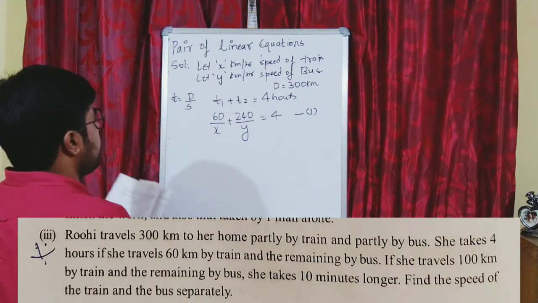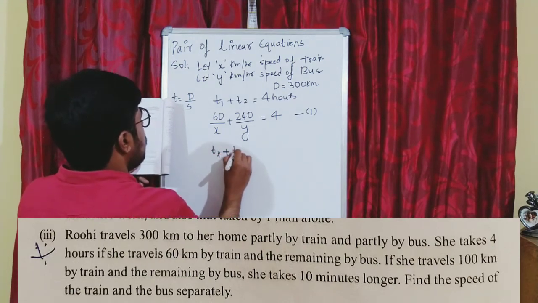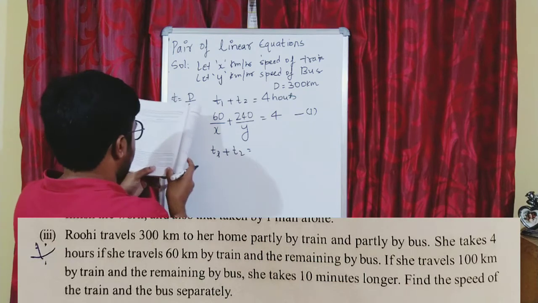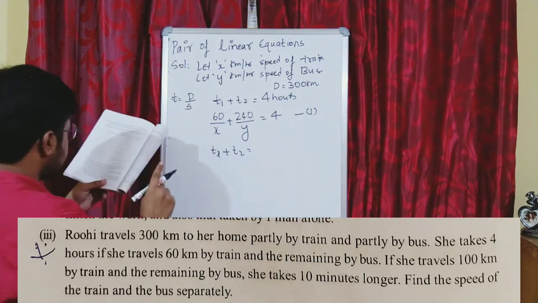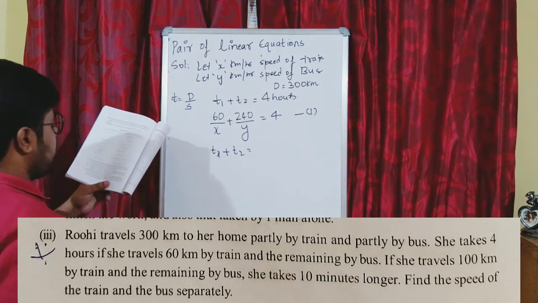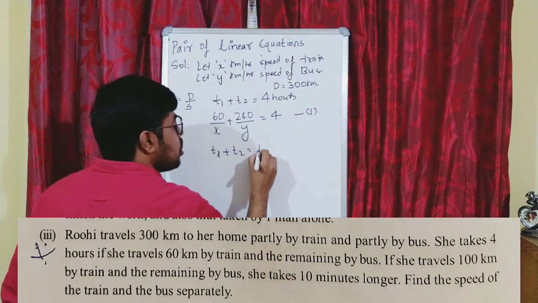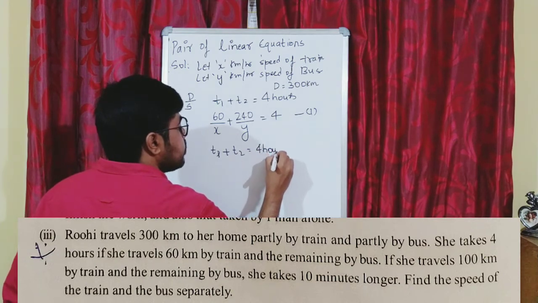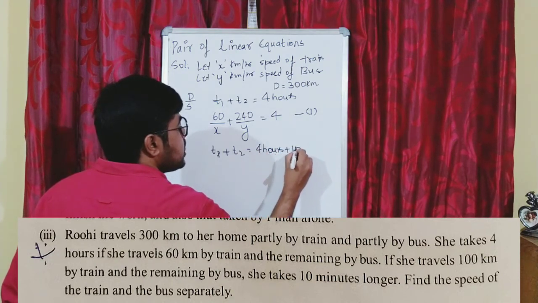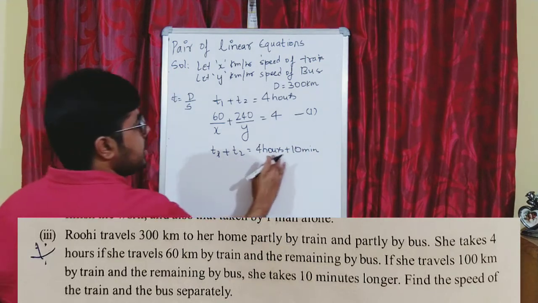And the second equation again, T1 plus T2. In the second part, she travels 100 km by train and the remaining by bus. She takes 10 minutes longer, meaning 4 hours plus 10 minutes. You cannot add it to 4 directly, because 4 is in hours and this is in minutes.